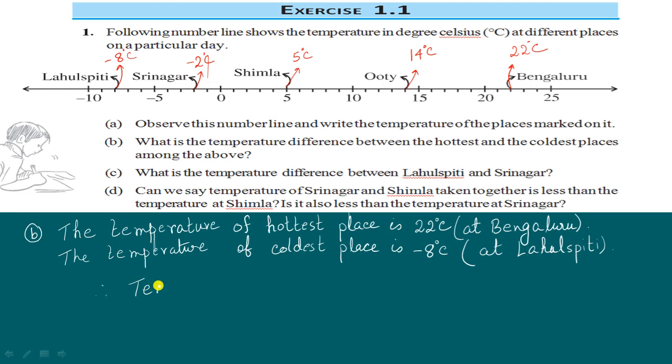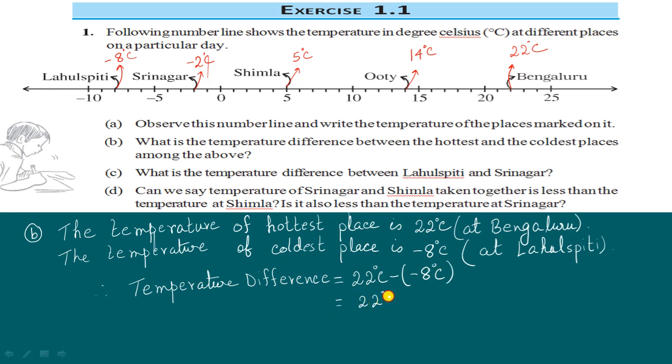Therefore, temperature difference is equal to 22 degrees centigrade minus of minus 8 degrees centigrade.